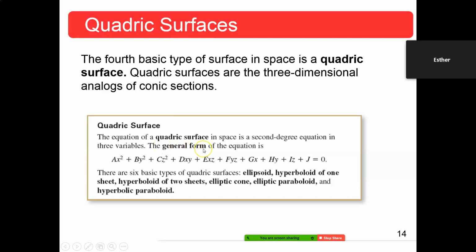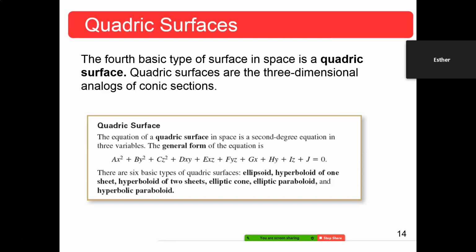The general form for an equation of any quadratic surface would be this: ax squared plus by squared plus cz squared plus dxy plus exz plus fyz plus gx plus hy plus iz plus j is equal to 0. Wow. We're not going to go with this, okay? This is the most general form.